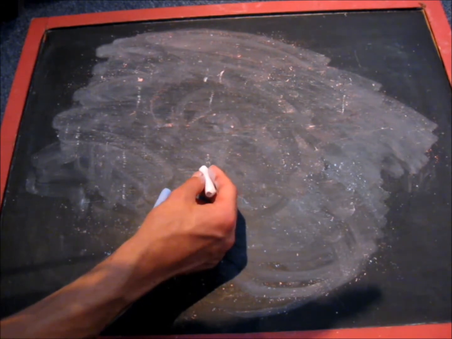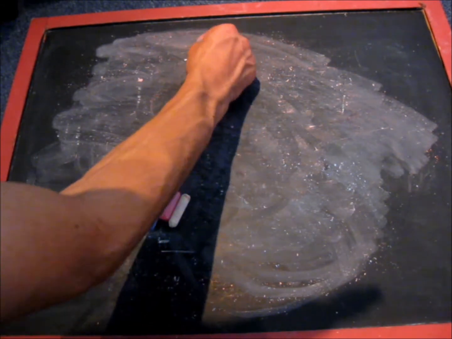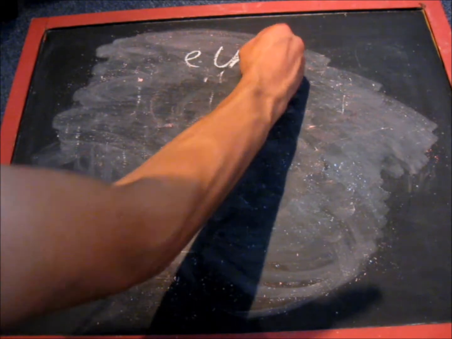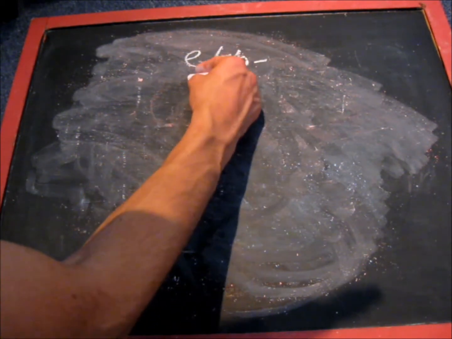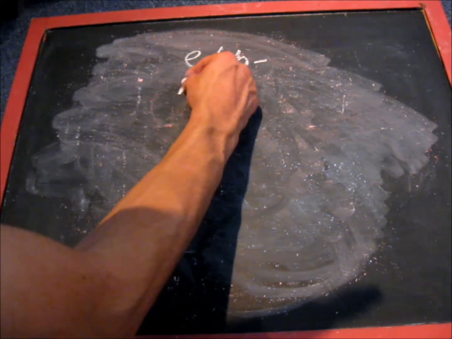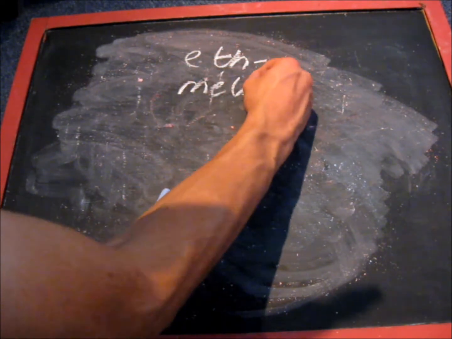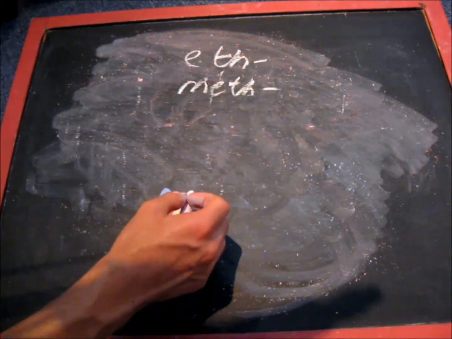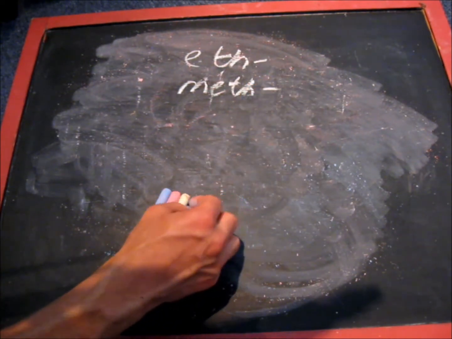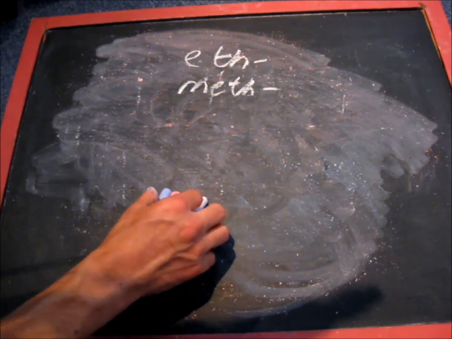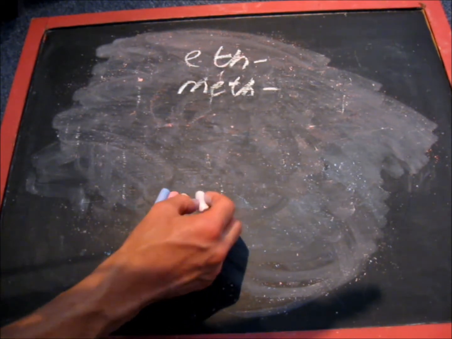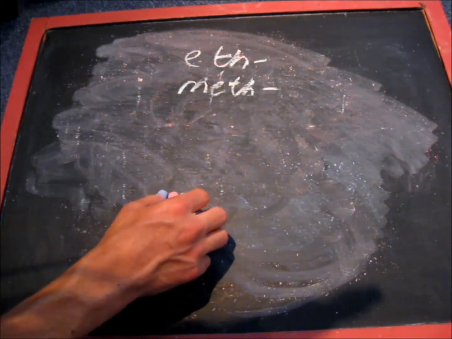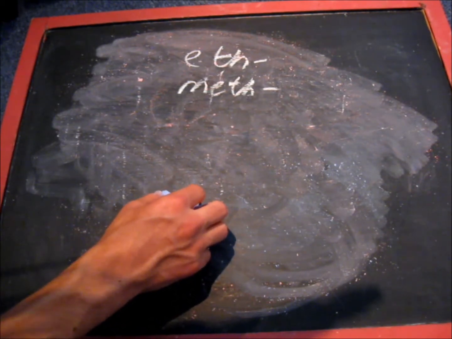If there's 1 carbon, it will have eth. For 2, it will have meth. You may recognise some of these prefixes because they feature in very common chemicals that you might just have in various situations.